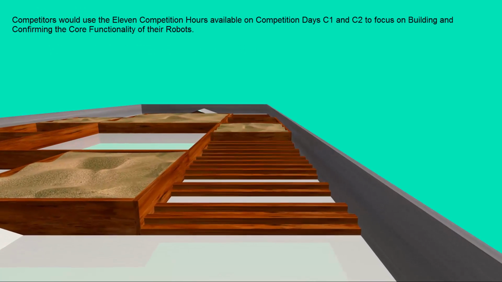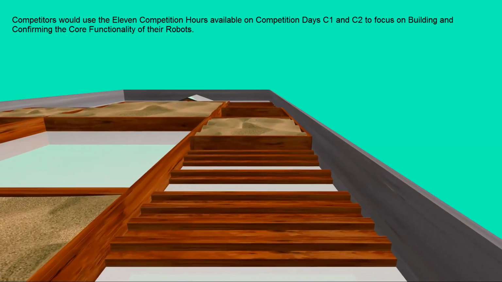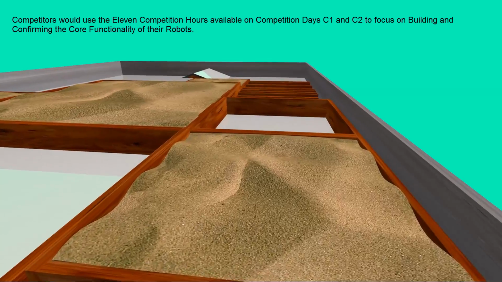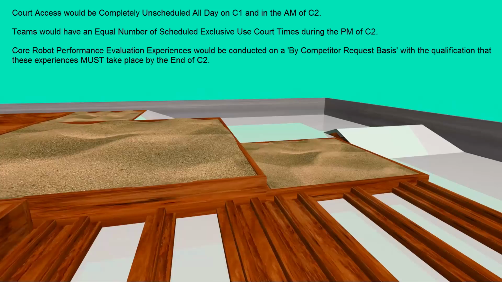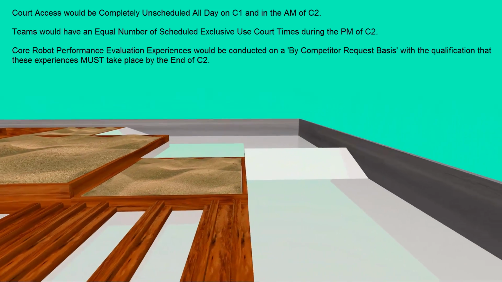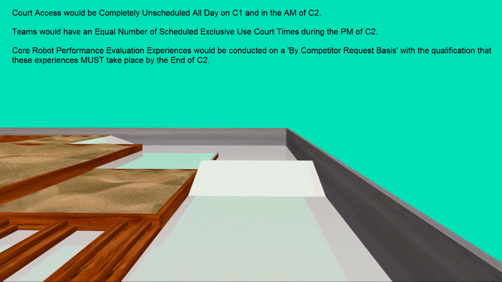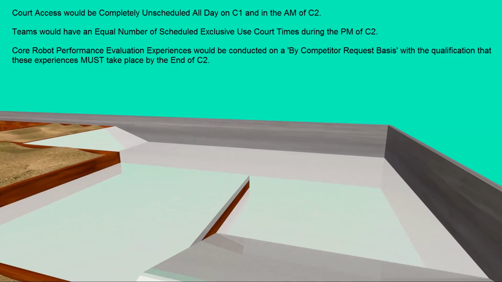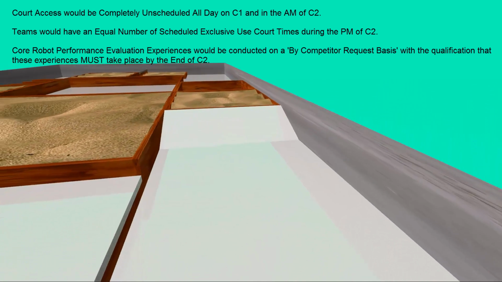Competitors would use the 11 competition hours available on competition days C1 and C2 to focus on building and confirming the core functionality of their robots. Court access would be completely unscheduled all day on C1 and in the AM of C2. Teams would have an equal number of scheduled exclusive use court times during the PM of C2.